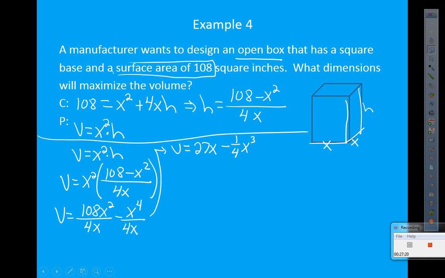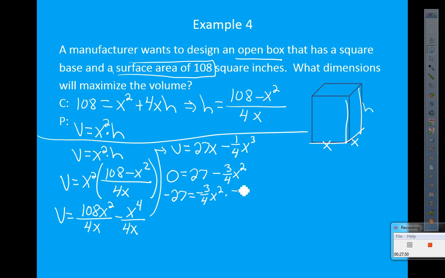Now I haven't done any calculus yet, guys. Now let's find the derivative and set it equal to 0. So I've got 27 minus 3/4 x squared. A lot of different ways to solve it. What I'm going to do is I'm going to subtract 27 from both sides. So I got negative 27 equal negative 3/4 x squared.